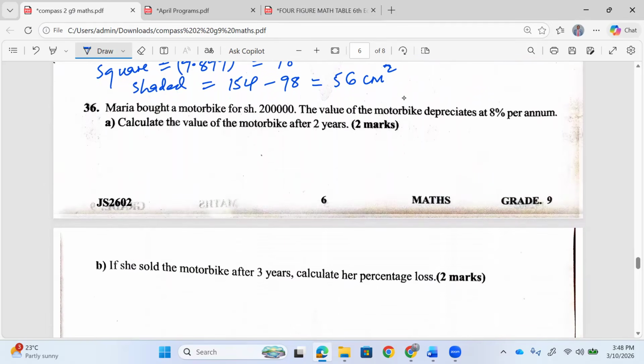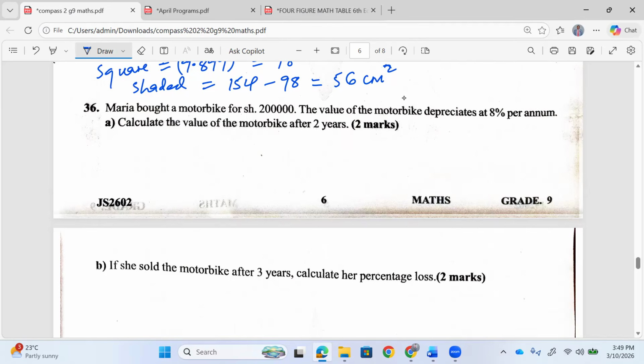Number 36, ladies and gentlemen. Now, Maria bought a motorbike for 200,000 Kenya shillings. Then the value of the motorbike depreciates at 8% per annum. Calculate the value of the motorbike after 2 years.